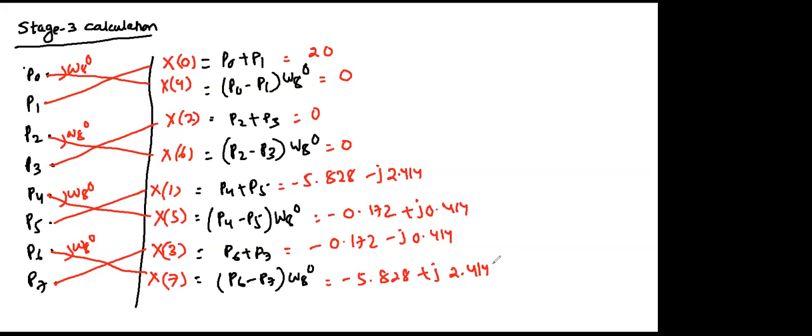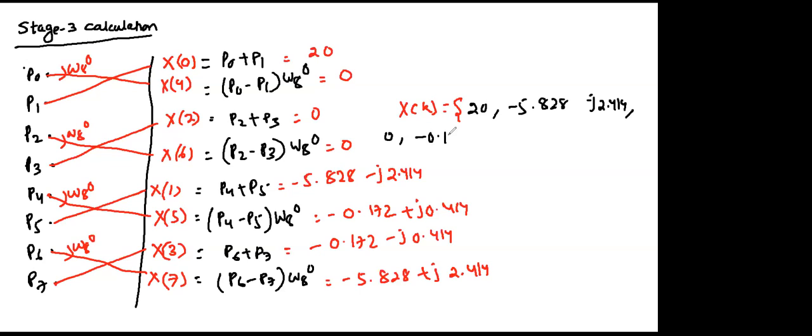After that, you just arrange in the order. Because it is in bit reversal order, when you write X of k, you have to write X0 to X7 in the order. Simple, you arrange it, that will be your answer. Means what is your answer? X0 is 20, then X1 is minus 5.828 minus j 2.414, then X2 is 0, then X3, what is X3?